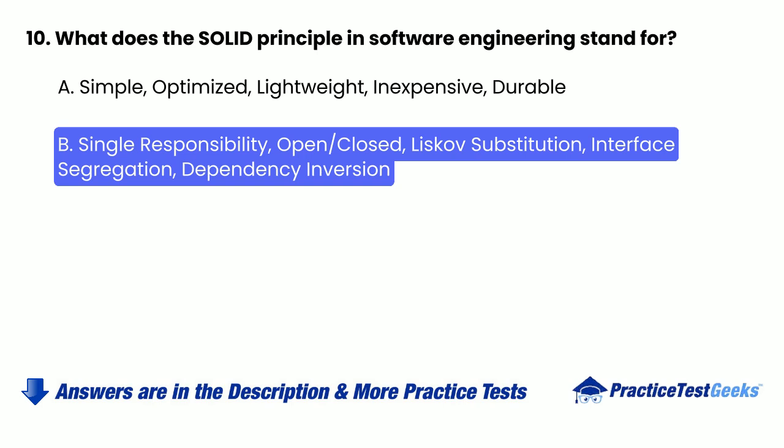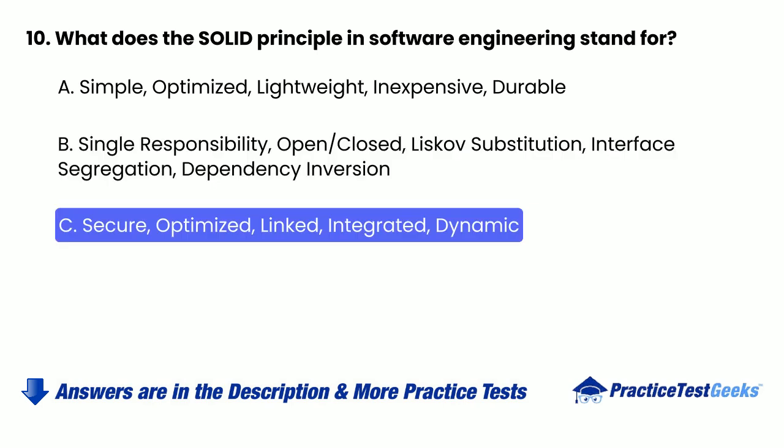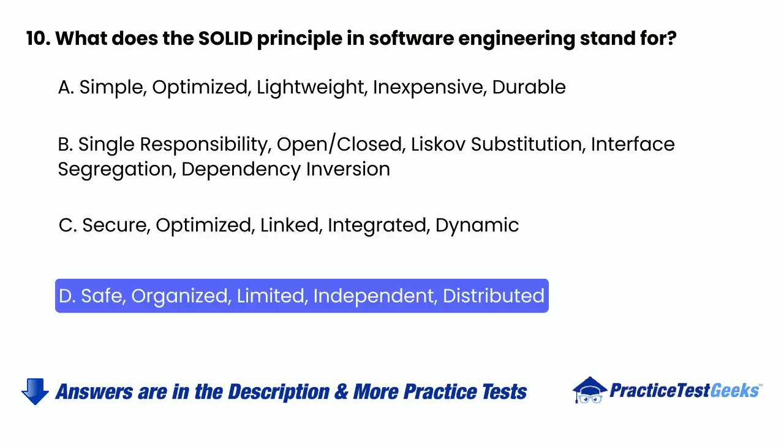B. Single responsibility, open-closed, Liskov substitution, interface segregation, dependency inversion. C. Secure, optimized, linked, integrated, dynamic. D. Safe, organized, limited, independent, distributed.